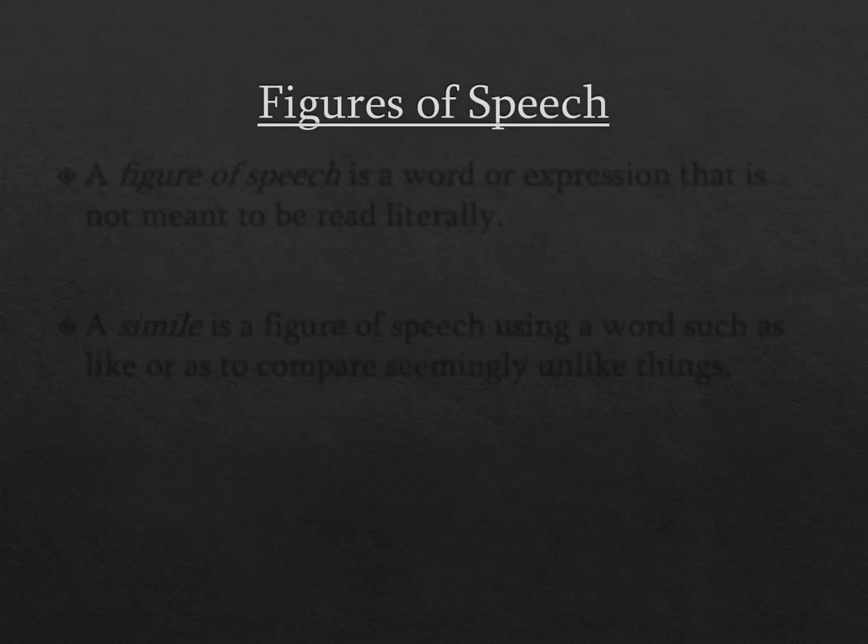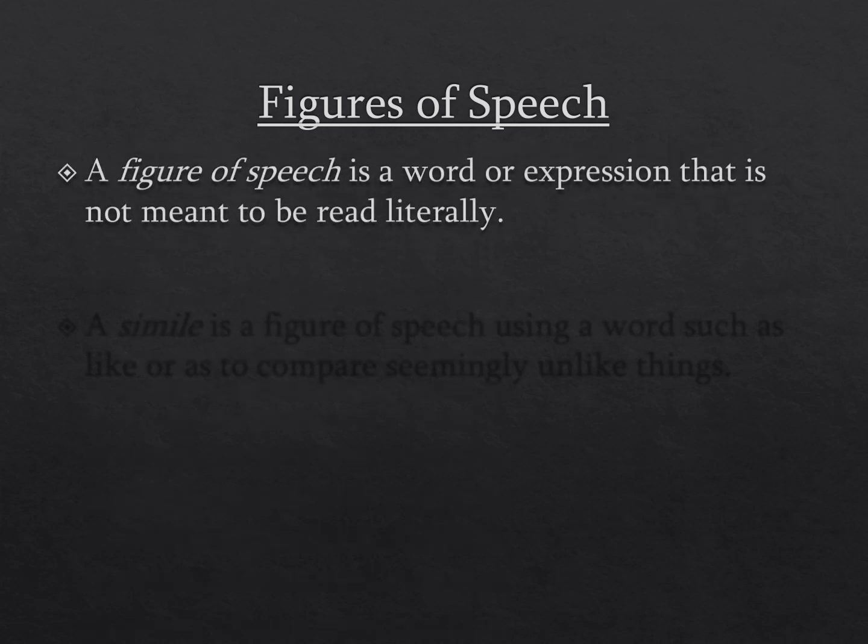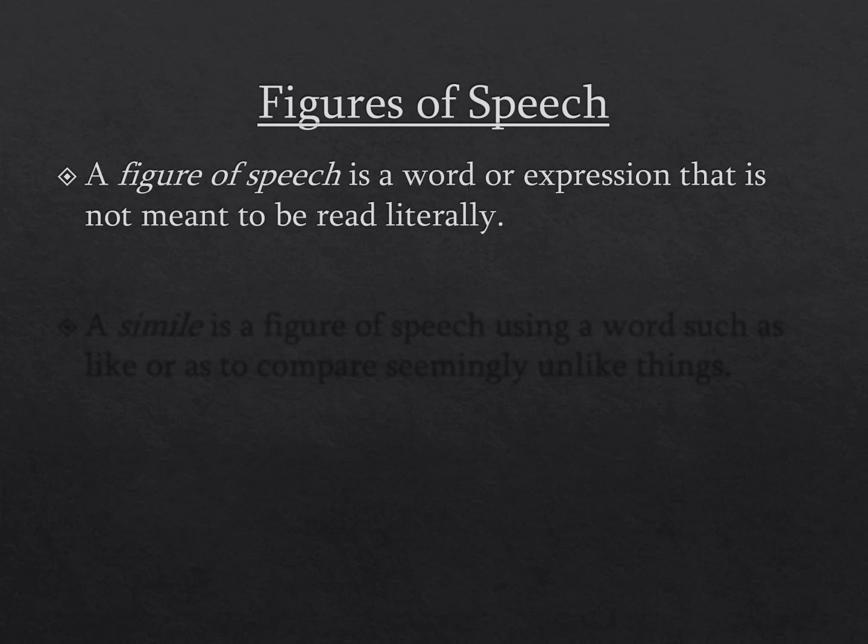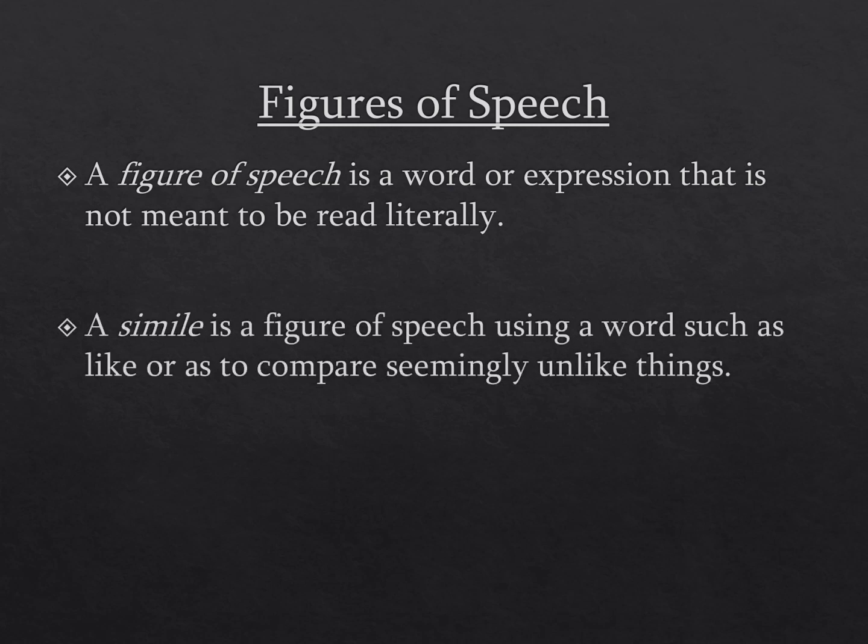The figures of speech are also used in poetry, or should I say, it's one of the most important elements of poetry, figures of speech. A figure of speech is a word or expression that is not meant to be read literally. One commonly used figure of speech in poetry is, as we have discussed previously, simile.